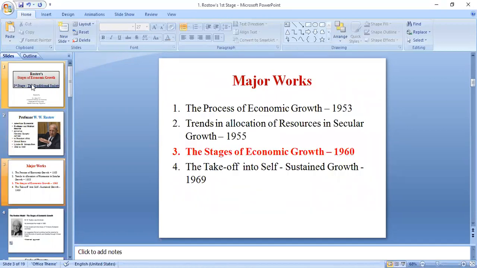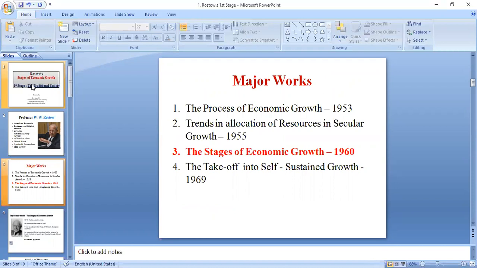And his major works, other than the Stages of Economic Growth published in 1960, are The Process of Economic Growth, published in 1953, Trends in Allocation of Resources in Secular Growth, 1955, and the theory that we are discussing now, the Stages of Economic Growth, published in 1960, and The Take-off into Self-Sustained Growth in 1969.